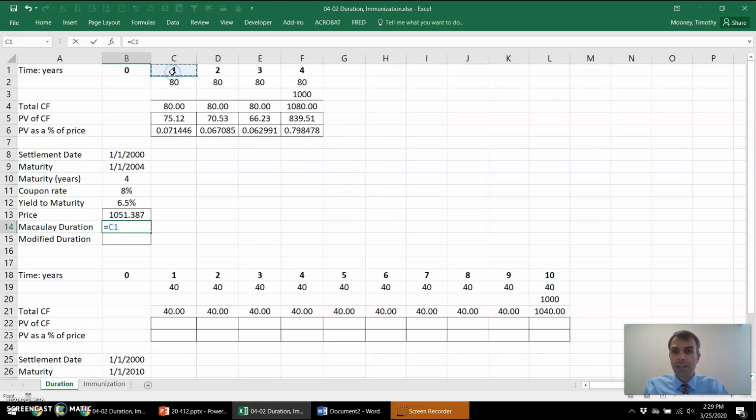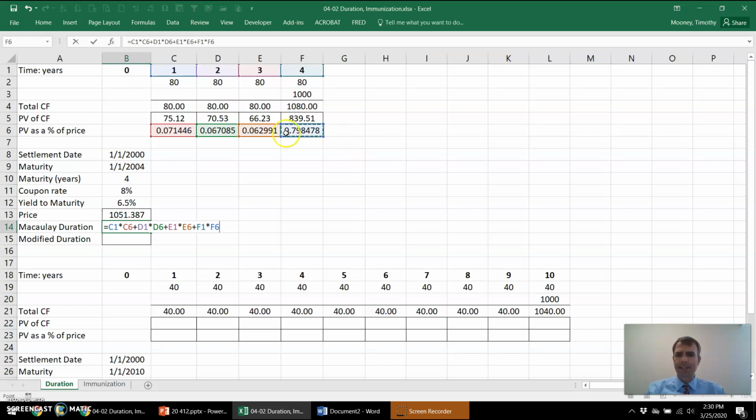At time 1, T equals 1, times the percentage of the bond's price that occurs at that point in time, 7.1, plus at time 2, the investor receives 6.7% of the bond's value, plus at time 3, the investor receives 6.3%, and so on. And then at time 4, the bondholder receives about 80% of the bond's value.